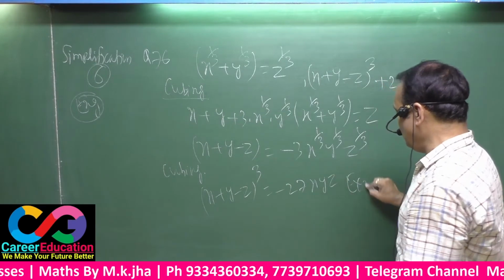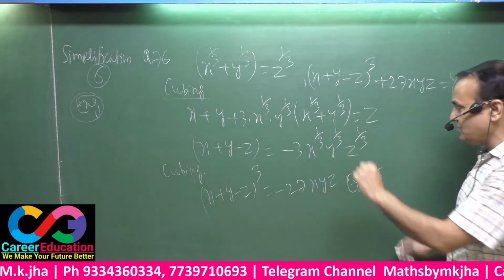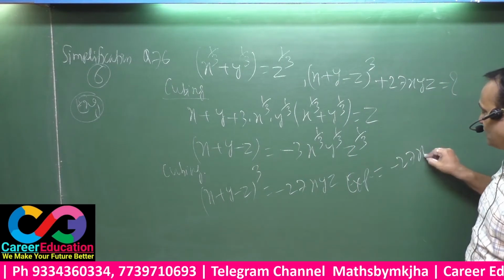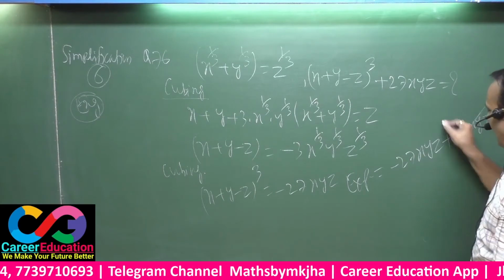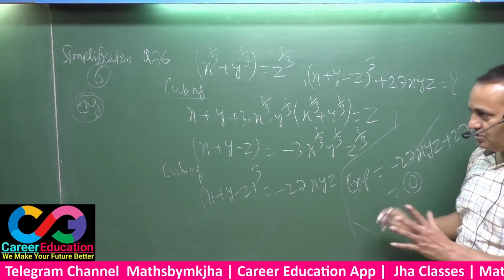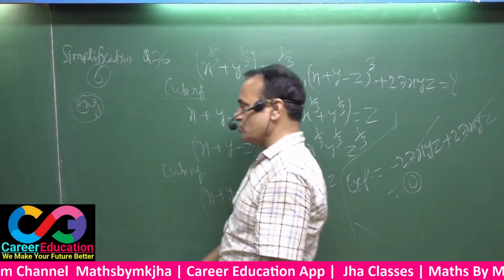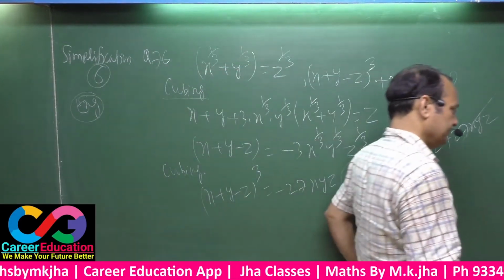Now see, your expression is, see here, the value of this is minus 27 xyz, and this is 27 xyz. Certainly the answer will be coming only 0. Be noted. Very easy situation, but the question is a bit long, you can say.